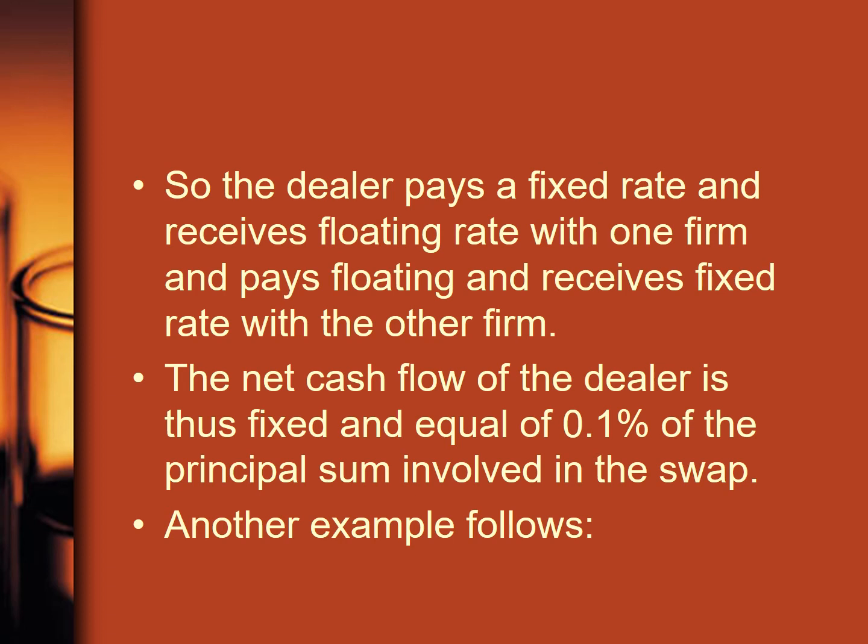So that is how the swap dealer works, and the return to the swap dealer is the difference between the fixed rate received and the fixed rate paid, which is 0.1% of the principal sum involved in the swap.